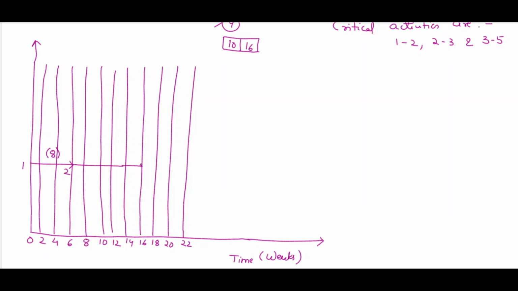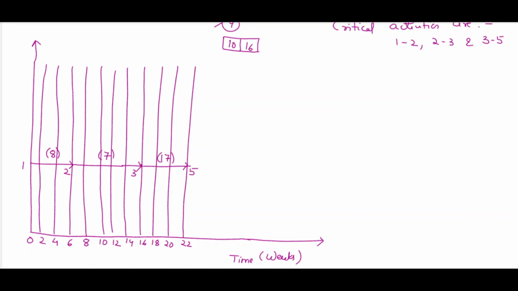It takes 7 manpower for activity 2 3. Then for activity 3 5, it is starting from 16, so 16 plus 6, it is 22. So for activity 3 5, your manpower requirement is 7. So first we have placed all the critical activities.